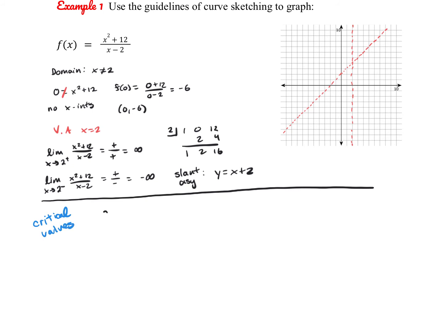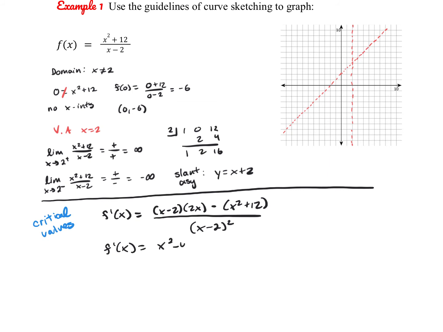So first we need to find our first derivative, so we will need to use the quotient rule here. So we have low d high minus high d low. The derivative of the denominator is just 1, all over low squared. So we'll want to multiply this out and combine like terms.